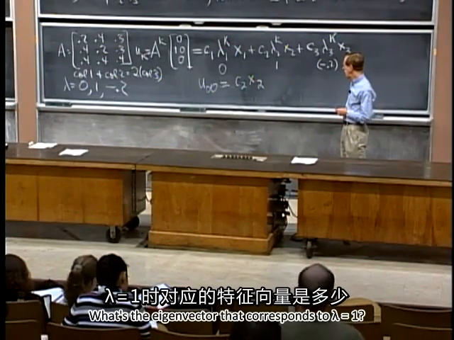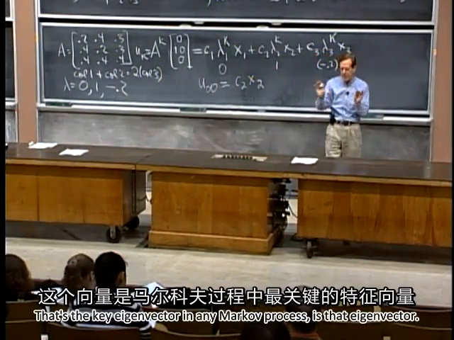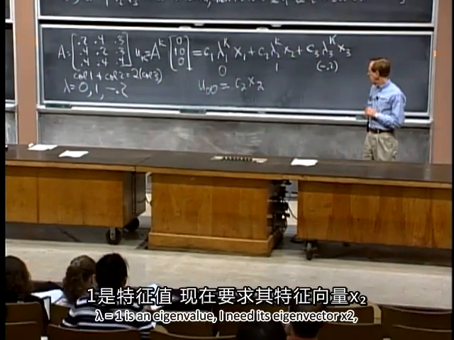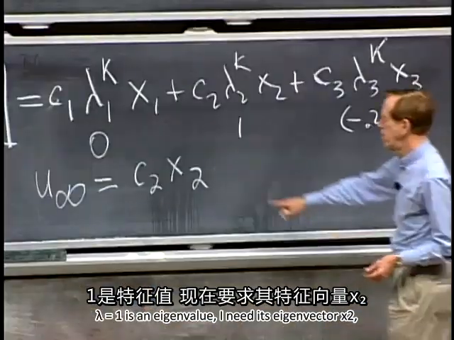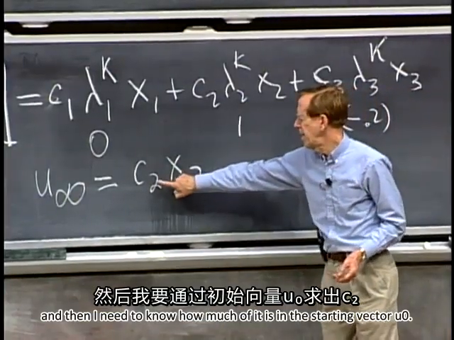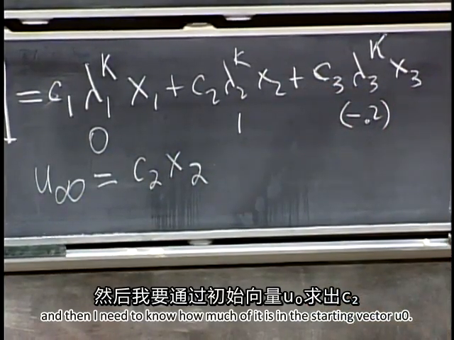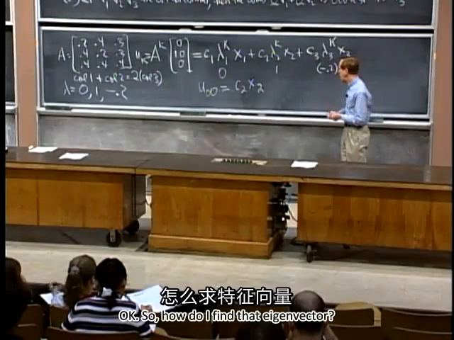What's the eigenvector that corresponds to lambda equal 1? That's the key eigenvector in any Markov process. Lambda equal 1 is an eigenvalue. I need its eigenvector x2. And then I need to know how much of it is in the starting vector u0. Okay, so how do I find that eigenvector?